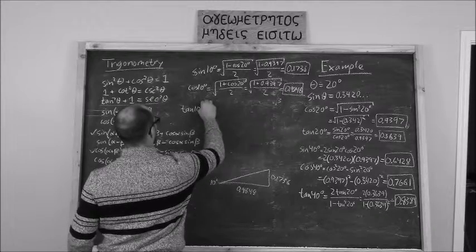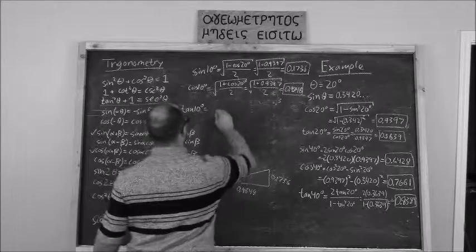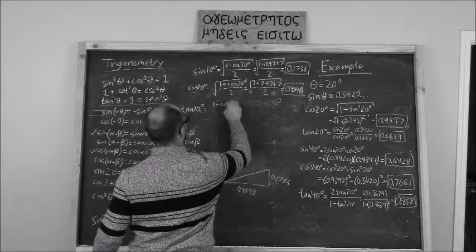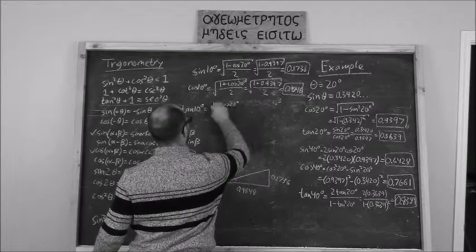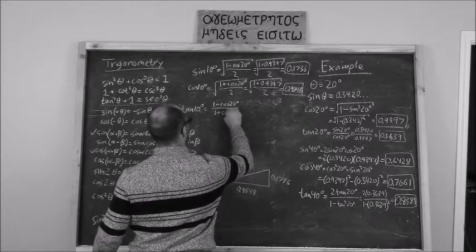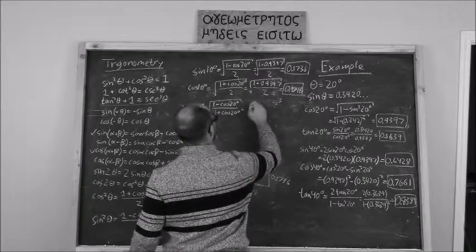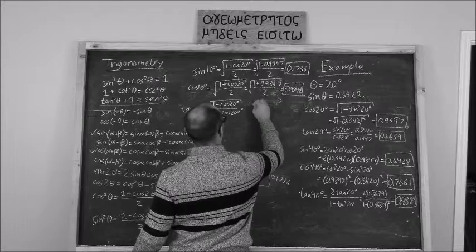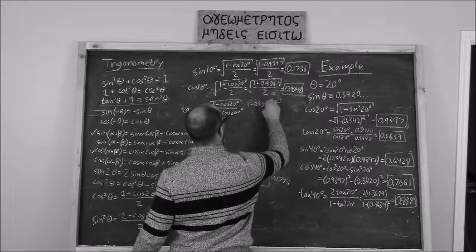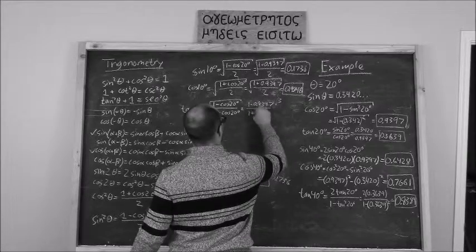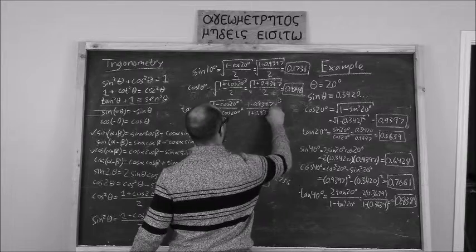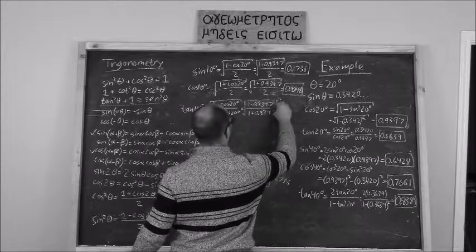Let's try tangent using the half angle identity I just erased. Tangent of 10 degrees is equal to 1 minus cosine of 20 degrees over 1 plus cosine of 20 degrees, and the square root of all that. 1 minus 0.9397 divided by 1 plus 0.9397. Square root.